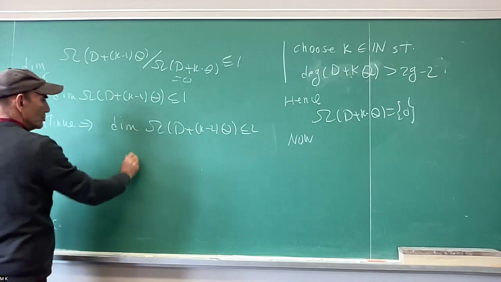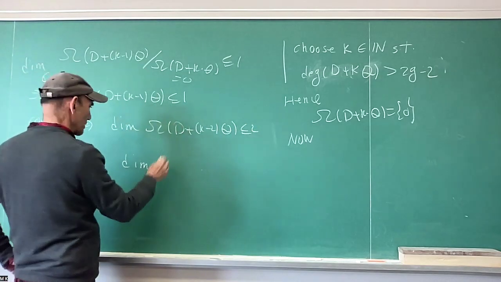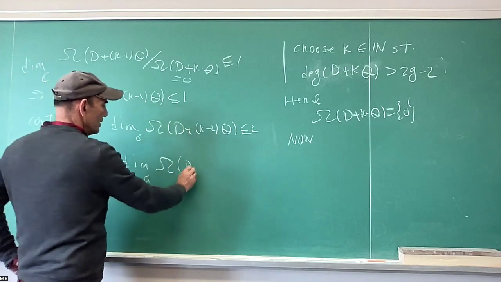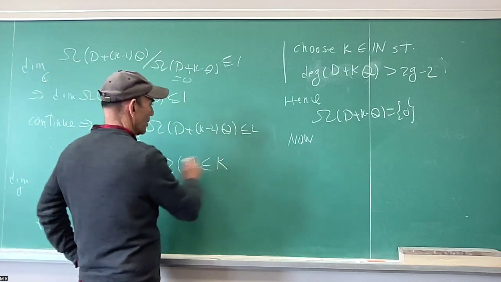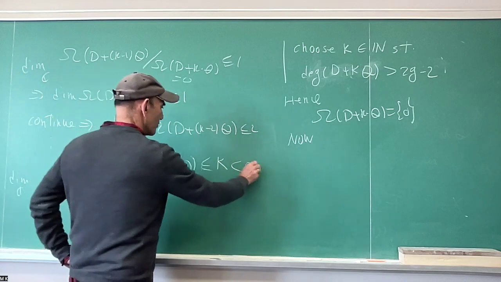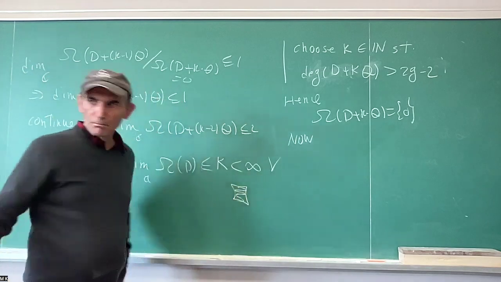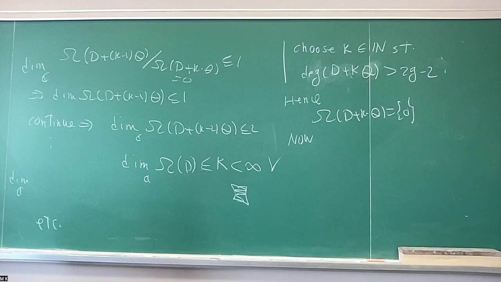Finally, you get k minus k equal to 0, and the dimension of omega of D is less than or equal to k, and k is less than infinity. So this proves finite dimensionality of these.